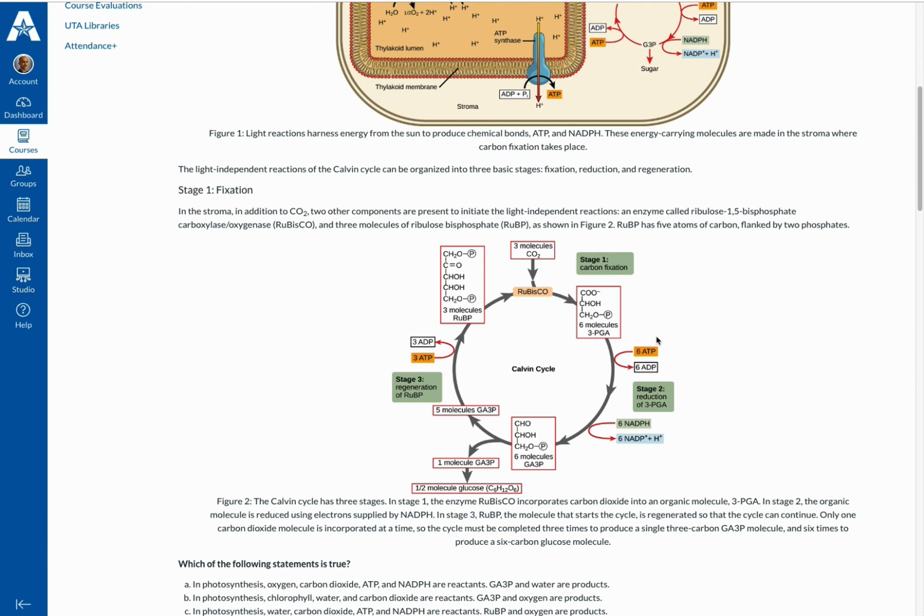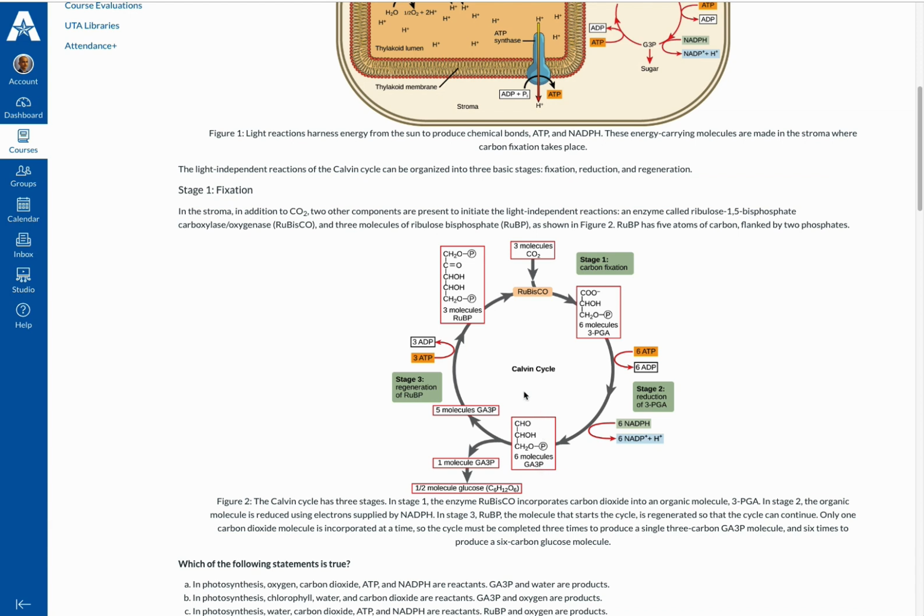We then use 6 ATPs and 3 NADPHs to turn that 3-PGA into glyceraldehyde 3-phosphate.